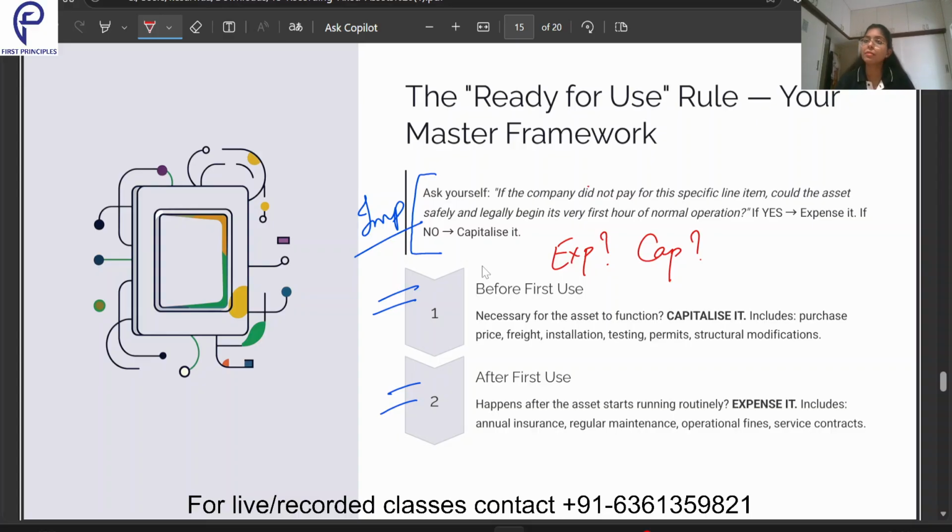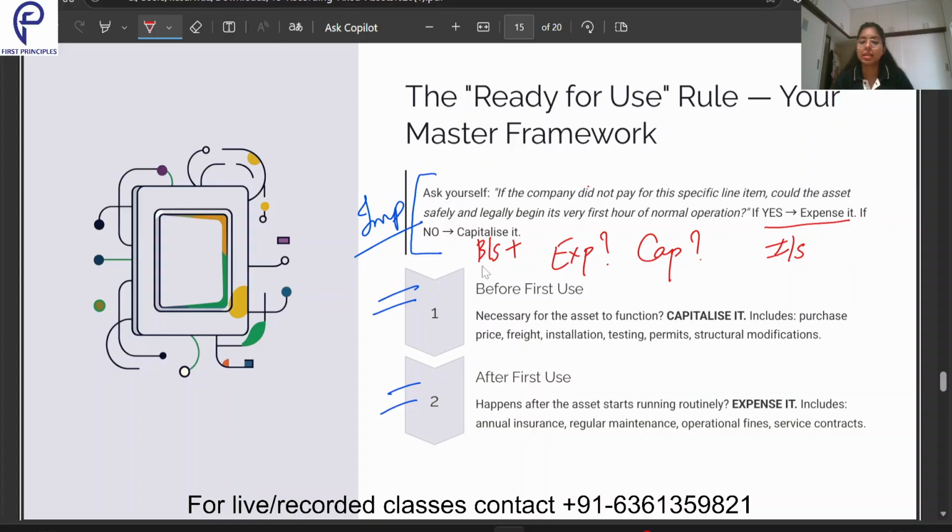Yes. If the company can work without this particular expense, then we have to expense it immediately in my income statement. But if no, if a particular expense is helping in bringing the asset to its usable condition, then we have to capitalize it and add it to the value of my asset in my balance sheet.